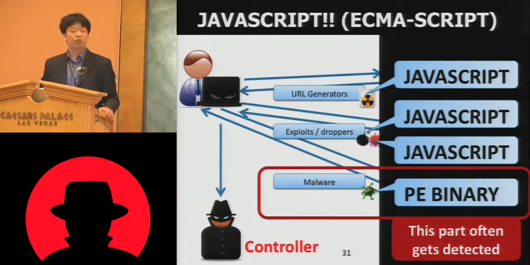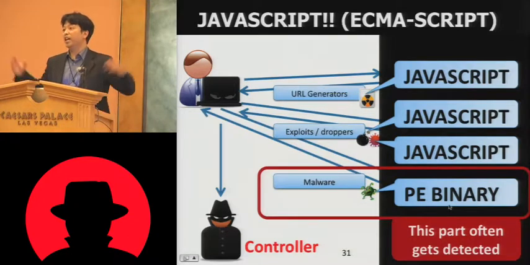And so if the detector relies purely on PE binaries to detect this type of threat, then once the actual malicious domain that's serving the malware is down, they can't detect anything because they can't actually fetch the PE malware for them to analyze.